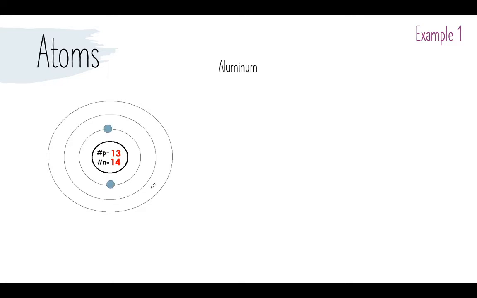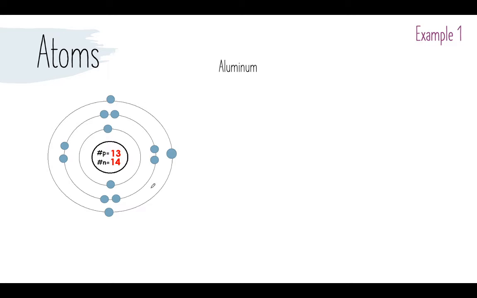So I'm going to draw 2 electrons there. The second shell can fit a maximum of 8. So I'm going to draw those in as well. Now I've got a total of 10 electrons. I need 13, which means that I'm going to have to draw 3 more on the very outside shell. There you go. So I've drawn 3 electrons on the very outside shell.